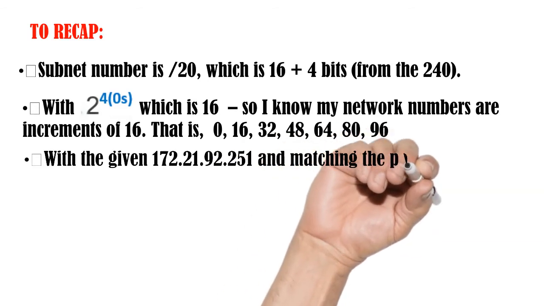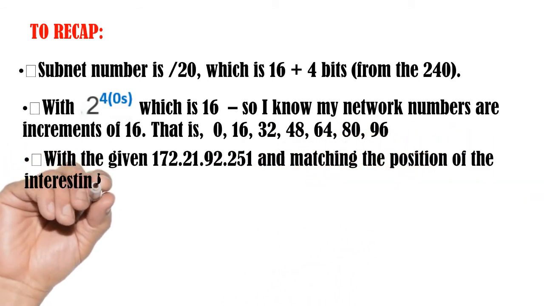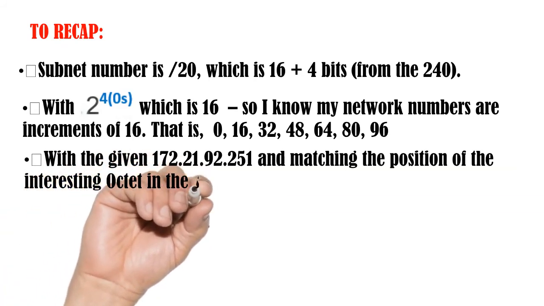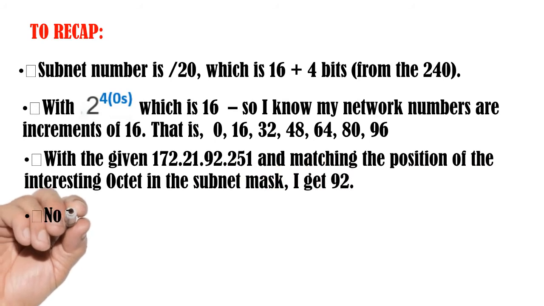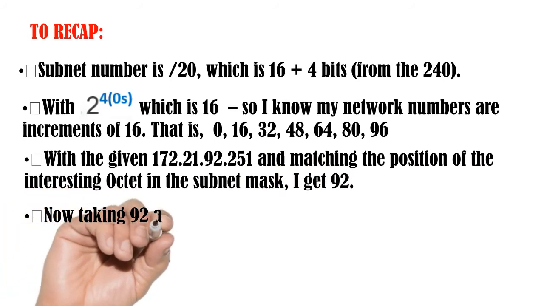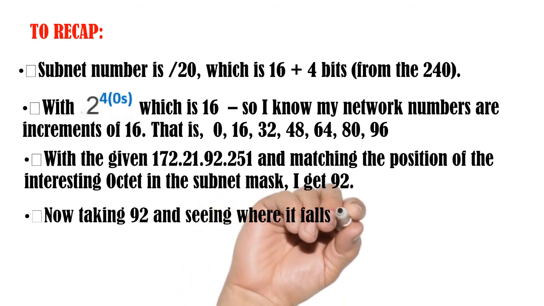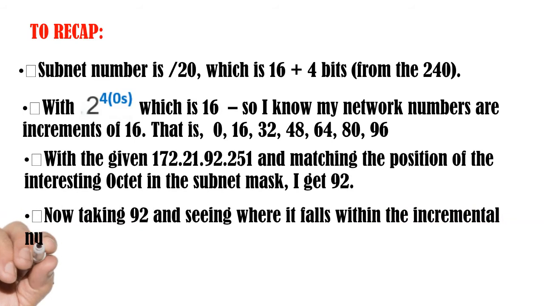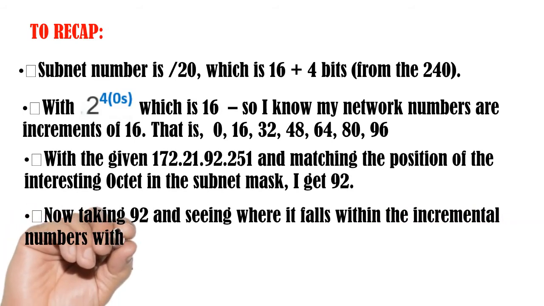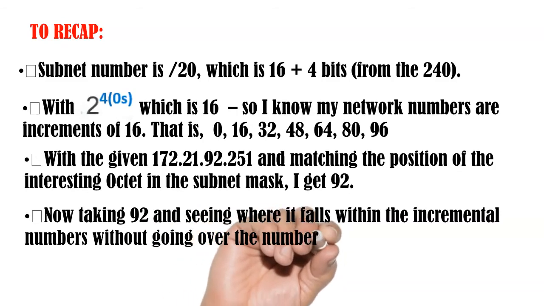By taking the given address, 172.21.92.251, and looking for the octet that matches the position of my interesting octet in my subnet mask, I find the octet contains 92. Now, taking that 92 and seeing where it falls within the incremental network numbers without going over, 92 falls in the 80 network.